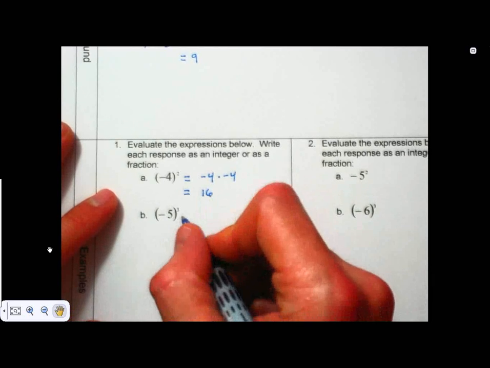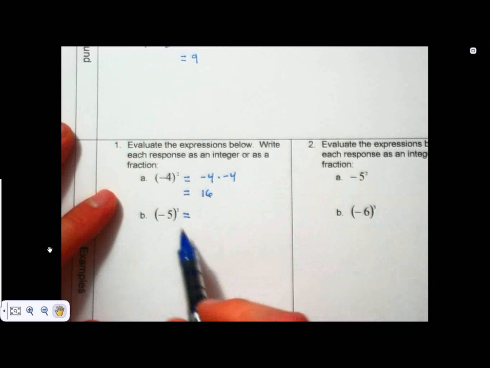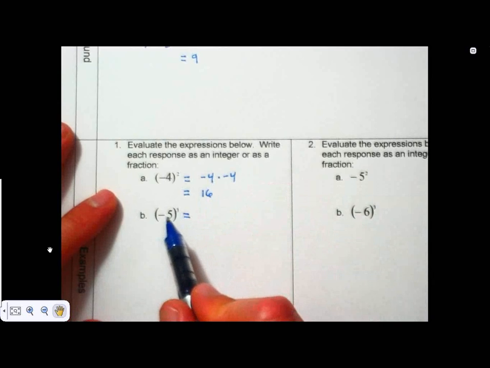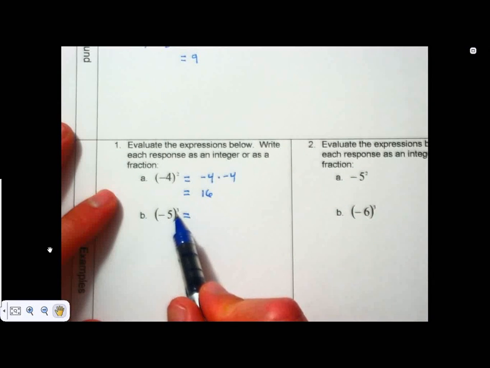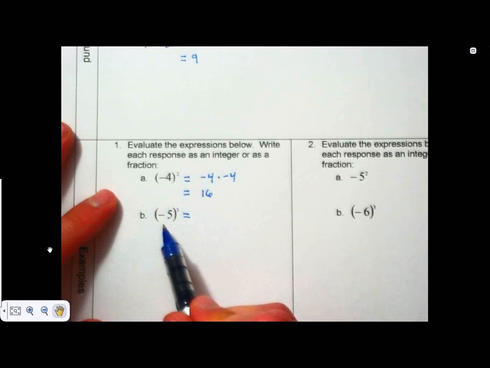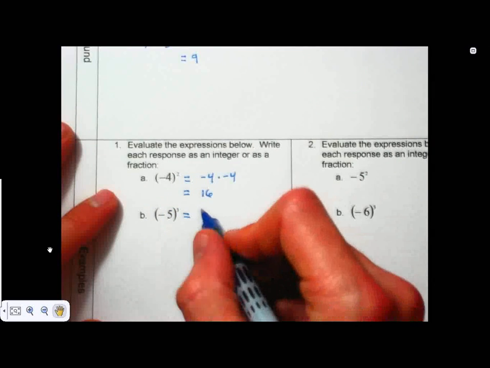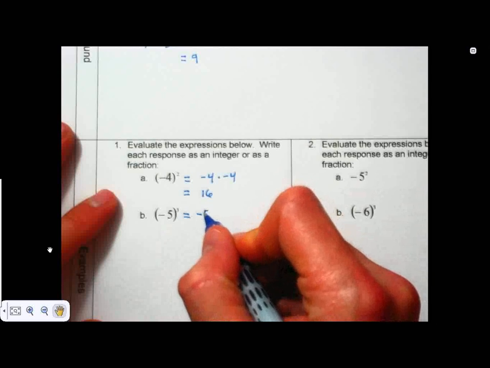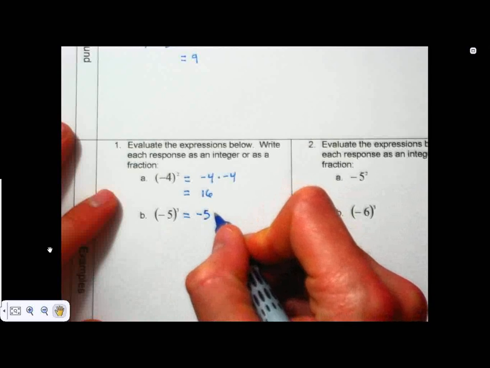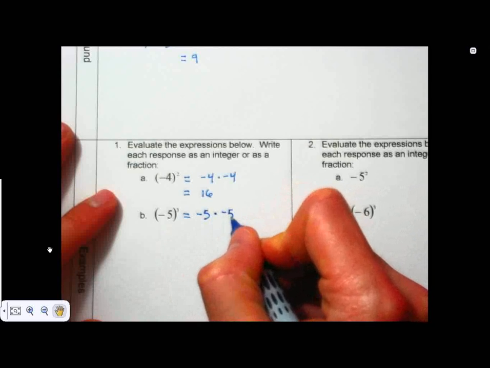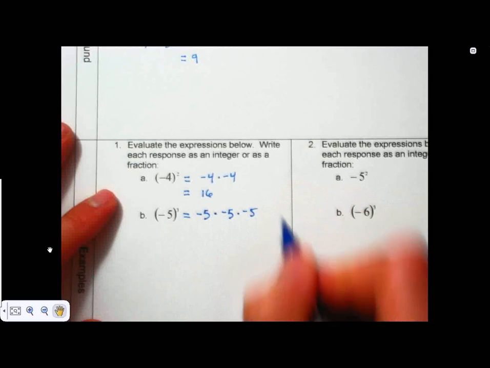Okay, let's try part B. Well, again, what's being cubed this time? What's being taken to the third power? Well, the third power is outside the parentheses, so that means everything inside the parentheses is being multiplied by itself and then multiplied by itself again. So if we wrote this out as a multiplication problem, we should get -5 times -5 times -5.